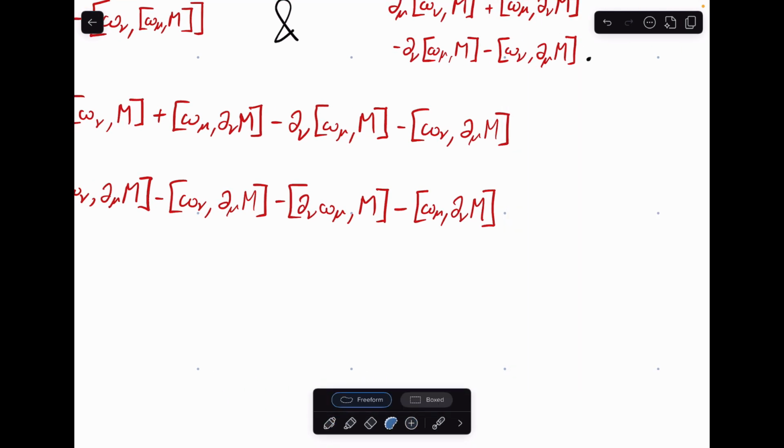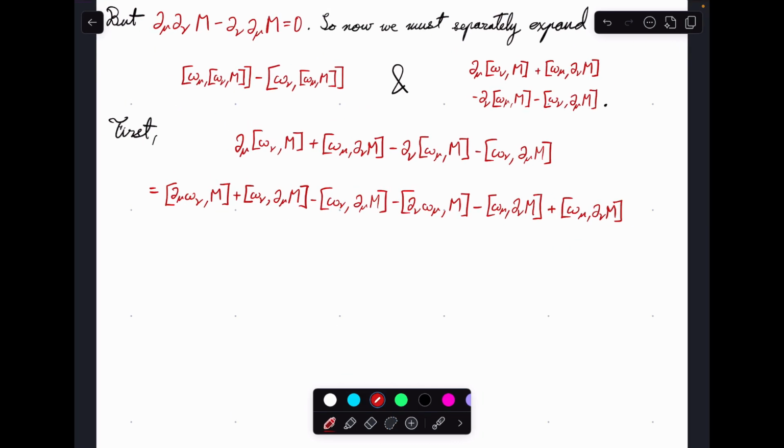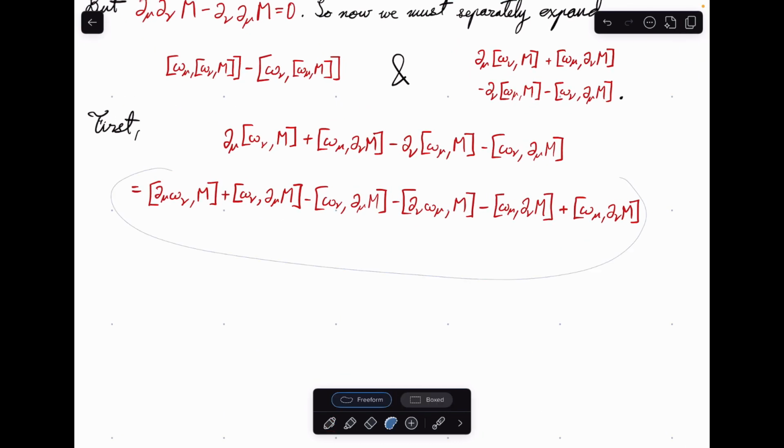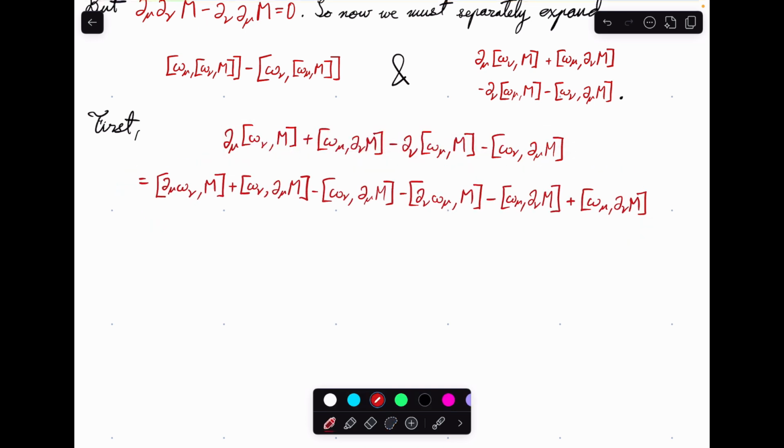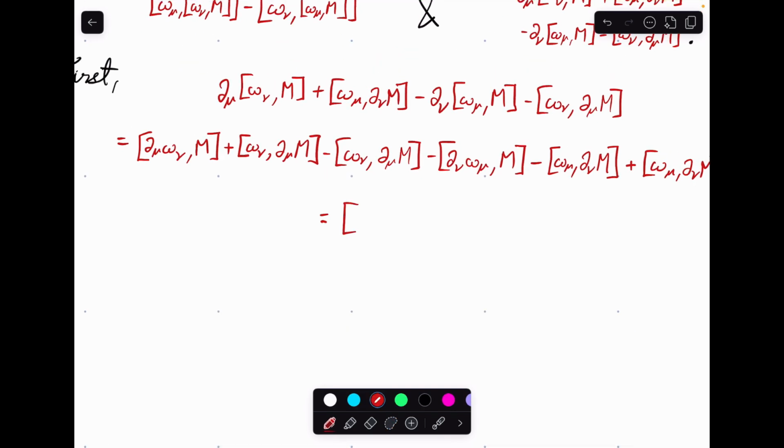And this is just the complement to this other term, so we copy and paste that in to show that those directly cancel. The only things left over are partial mu omega nu m minus partial nu omega mu m.